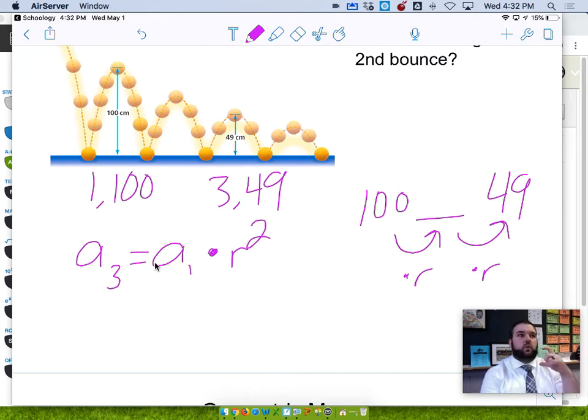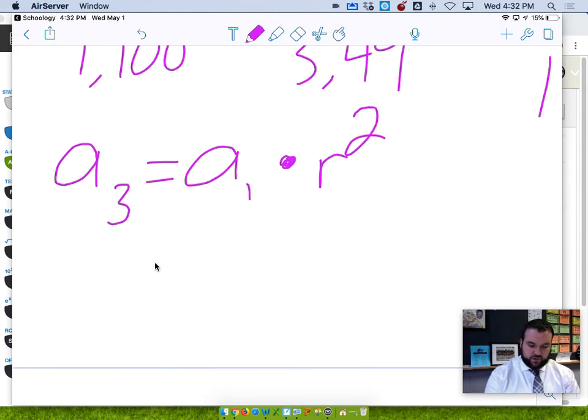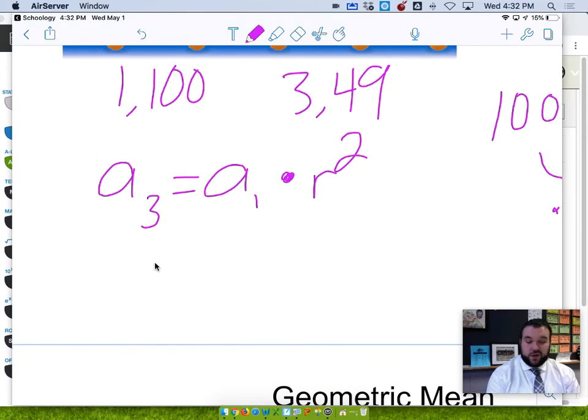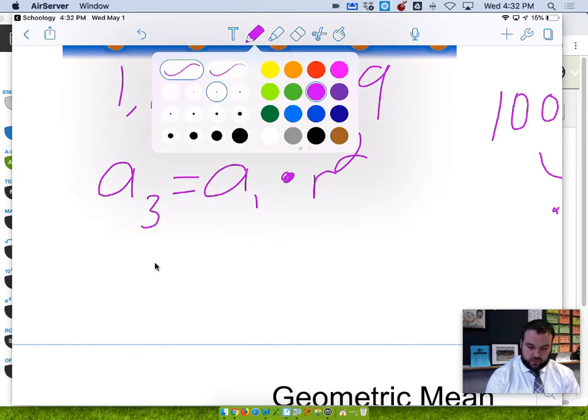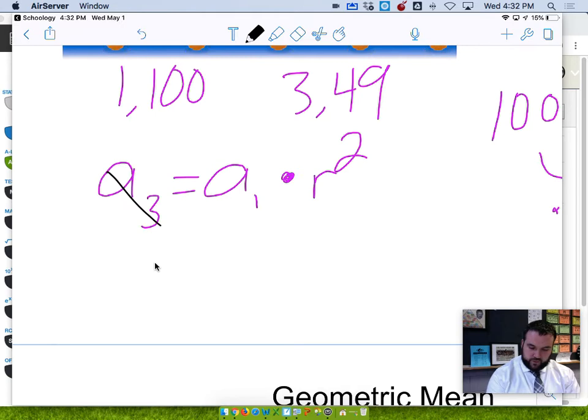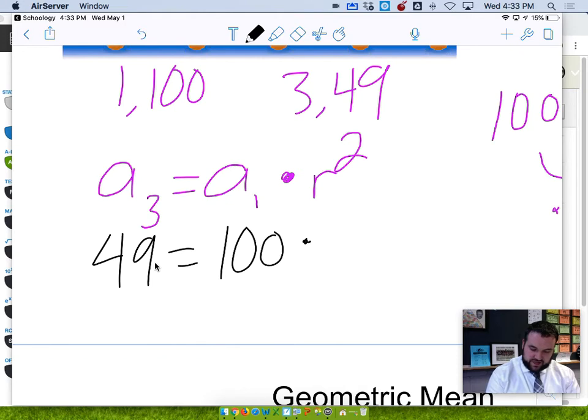But when we're talking geometric sequences, we want to always talk with multiplication. So I'm going to do a sub 3 equals a sub 1 times r squared. Now I'm just going to fill in the numbers that we know. We know the third term is 49, so 49 is equal to 100 times r squared.